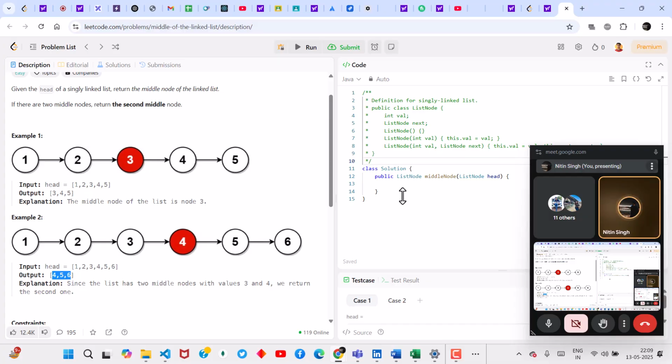How many of you are done with the code? Okay, fine. I'll write it right now. Give me a moment. A slow pointer which will be initially at my head and a fast pointer which will be initially at my head.